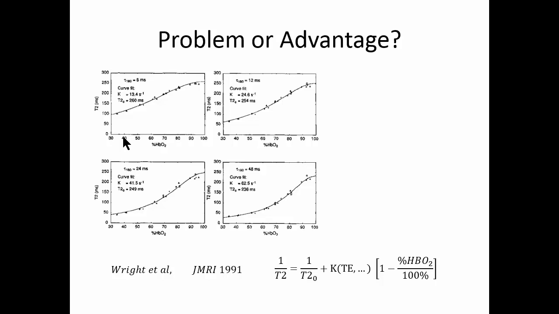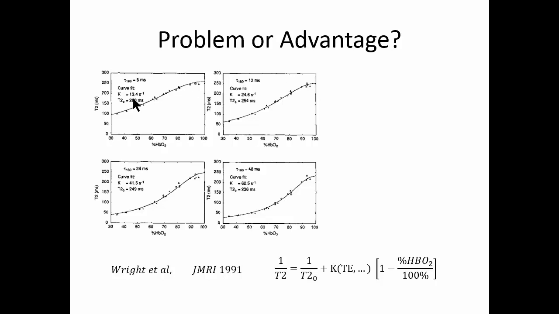The problem is that red blood cells are very permeable to water, and what happens is that a particular spin will jump from plasma into the RBC and vice versa, and won't be refocused. And if you have a perfect 100 percent deoxyhemoglobin, no matter what your echo time spacing is, you always end up with about 250 milliseconds T2.